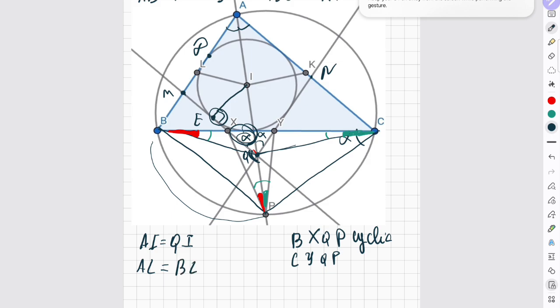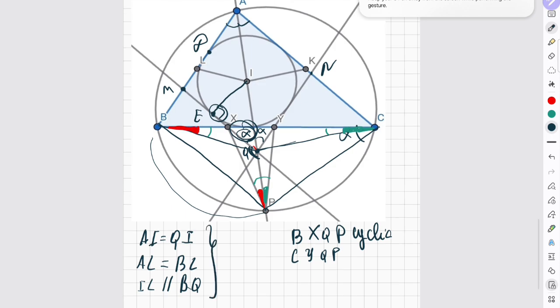It means that IL is parallel to BQ, and we can do the same, and again we can say that IK is parallel to QC. Okay, we found that these two lines and these two lines are parallel.